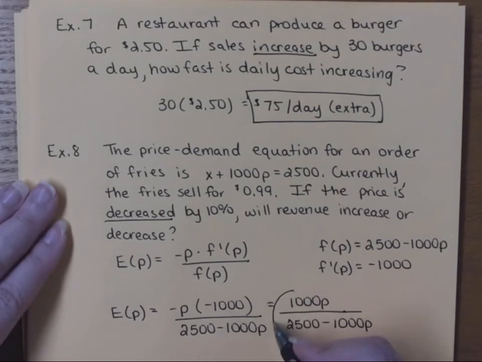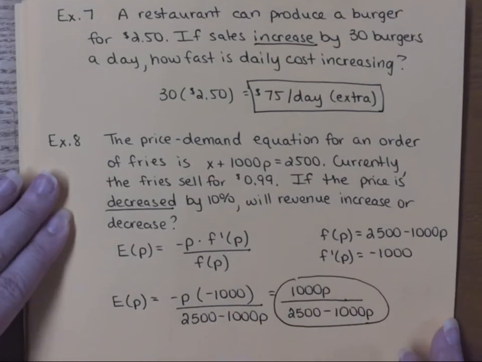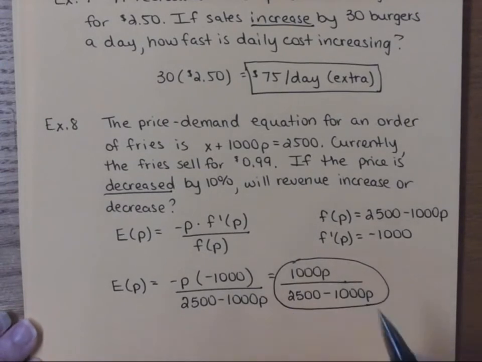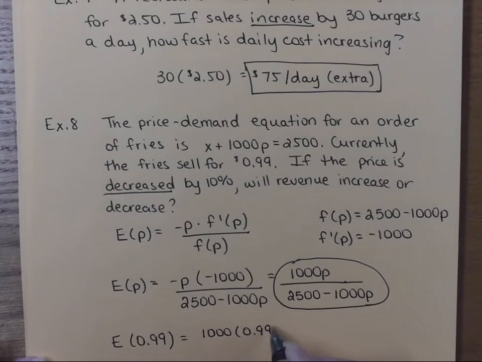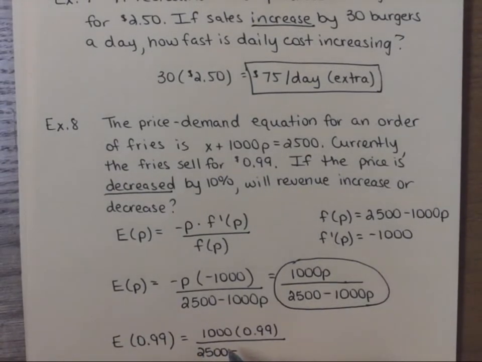Okay, so here's the formula that will tell us what elasticity is, and now we just need to consider it at the price that we are charging for the fries right now, which is 99 cents. So if you plug that in, you're going to get 1000 times 99 cents over 2500 minus 1000 times 99 cents.